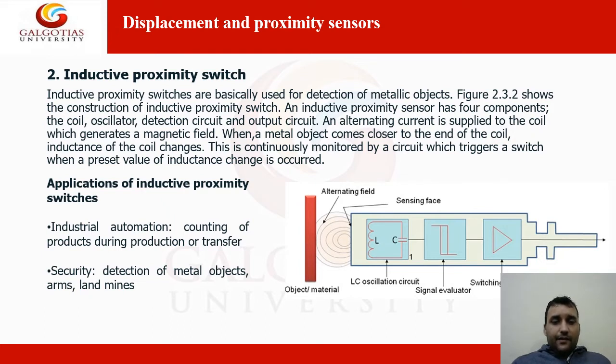Then the signal evaluator moves to switching, and this switching detects whether there is something nearby or not. Applications of inductive proximity switches are industrial automation, counting of products during production or transfer, and security detection of metal objects, arms, landmines, etc.